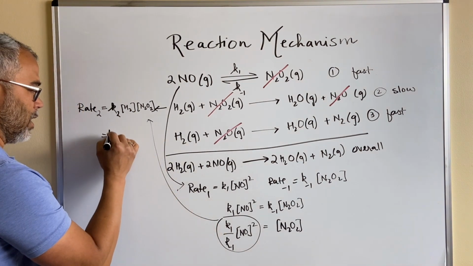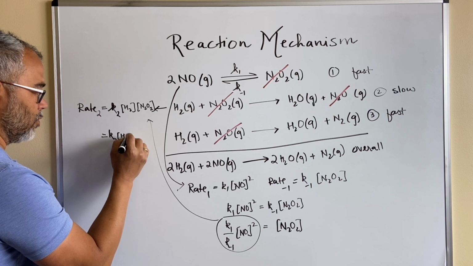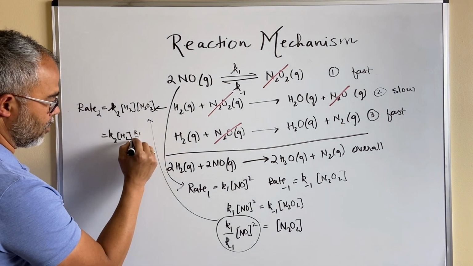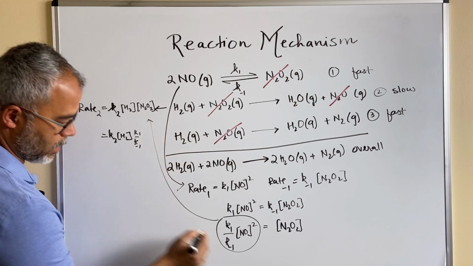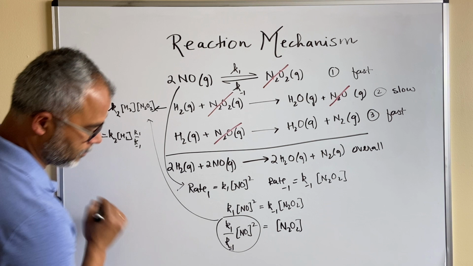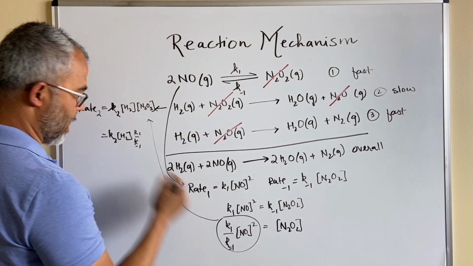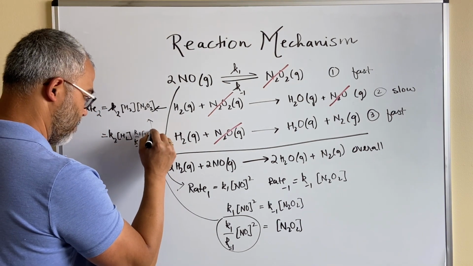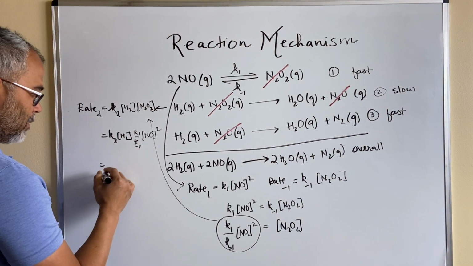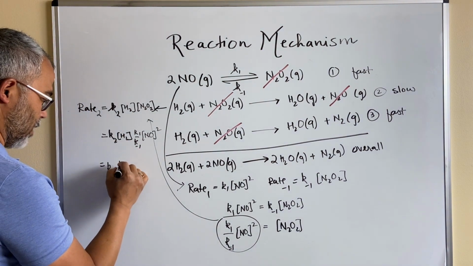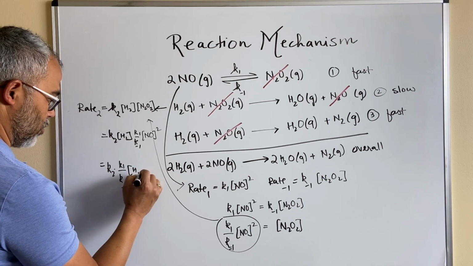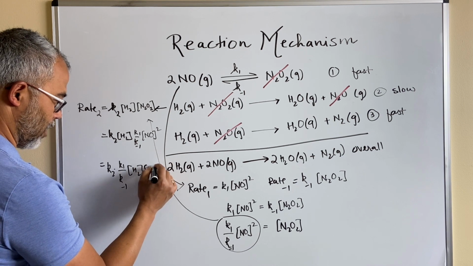That gives me K2 times H2 times K1 over K-1 times NO squared. Let's combine all the K's: K2 times K1 over K-1, then H2, then NO squared.